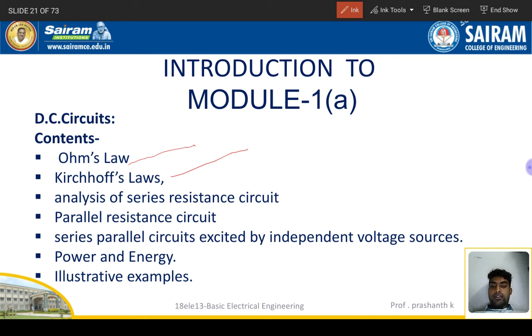Series parallel circuit excited by independent voltage sources: if you connect a series resistance and then two parallel resistances, that becomes a series parallel circuit. Power and energy: power is work done per unit time, and energy is equal to power into time. So there are equations for these.